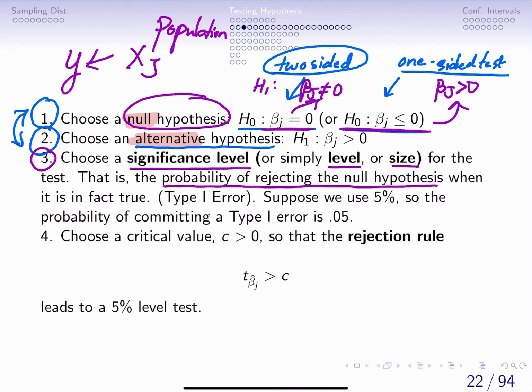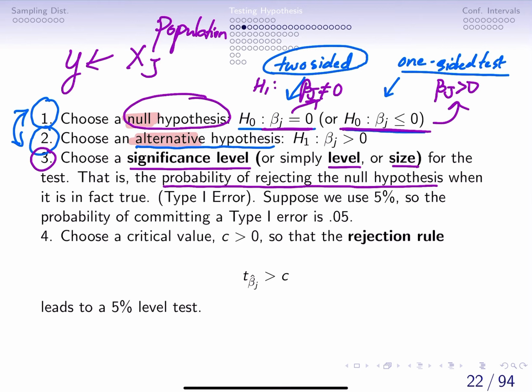Okay, so in the third step, when we choose the significance level, we are choosing the probability of rejecting the null hypothesis when it is in fact true. Okay, and this is called a type 1 error.